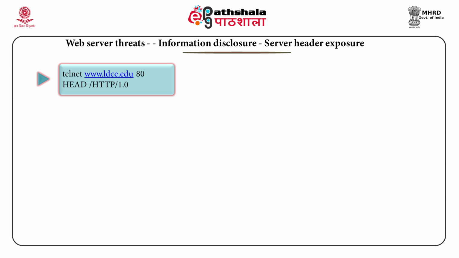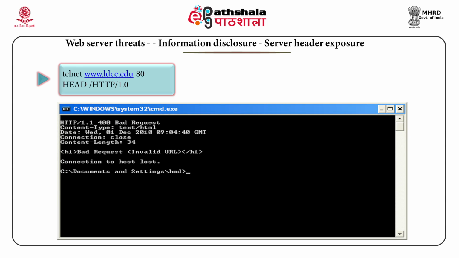So what does it reply? 400, saying bad request, but it still replies that content type is text/HTML, date and connection close, and the content length retrieved for this header response is 34. If the connection had been open, you could have logged into the system. So this is how you can gain information about the remote machine.